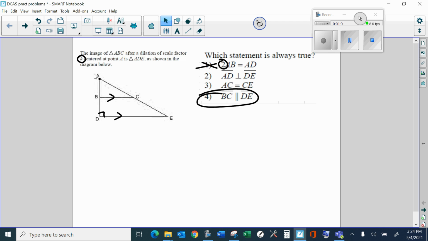We don't know that. It looks like it's 90 degrees, but it's not guaranteed. We can't go by looks. The only thing that's guaranteed is that these are parallel. And whatever this angle is, it equals that angle, and whatever that angle is, it equals this angle because we have parallel lines cut by a transversal. Therefore, corresponding angles are equal. Remember, those are corresponding angles. All right, next.